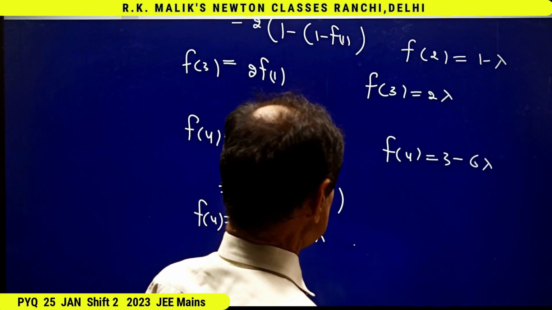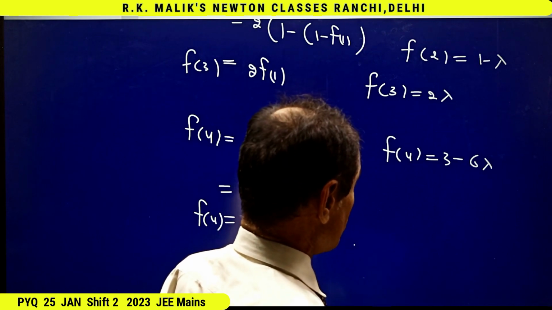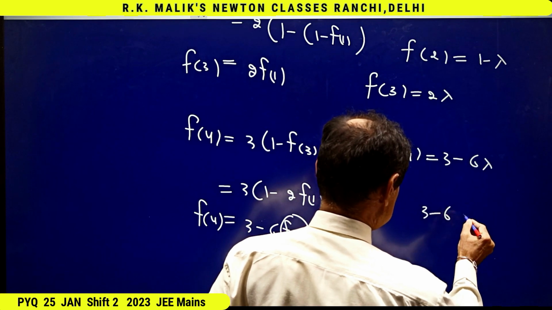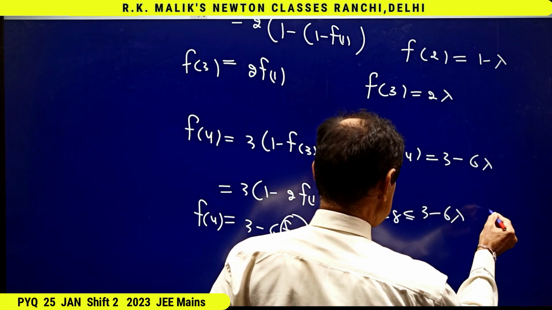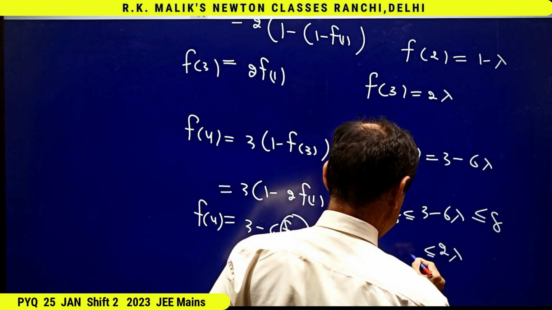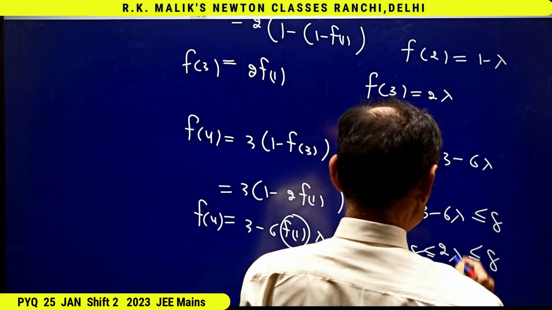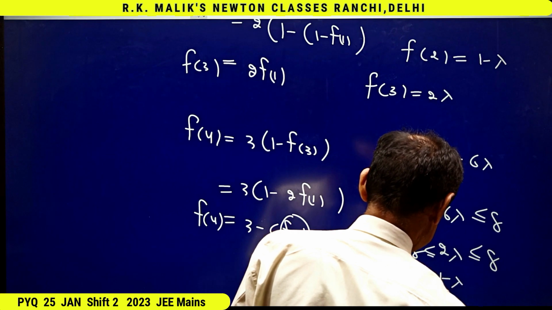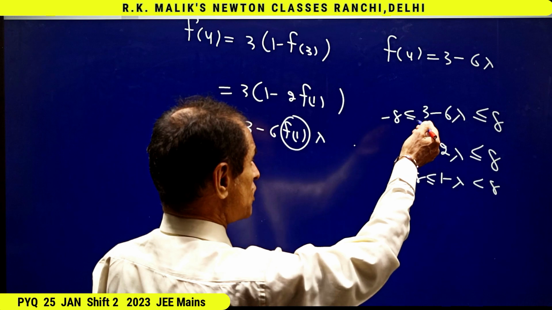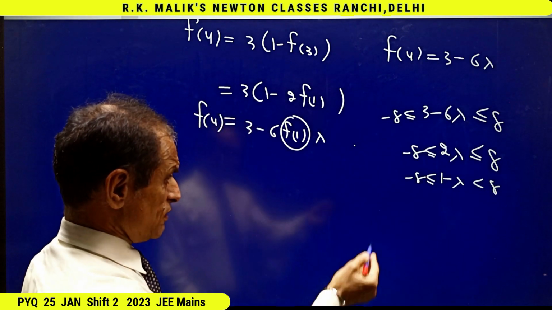Hence, lambda should be such that f2, f3, f4, all of them lie between minus 8 and 8. This implies that 3 minus 6 lambda lies between minus 8 and 8. This means 2 lambda should lie between minus 8 and 8. And this means 1 minus lambda should lie between minus 8 and 8. And once we have got the possible values of lambda, we will get the number of functions.